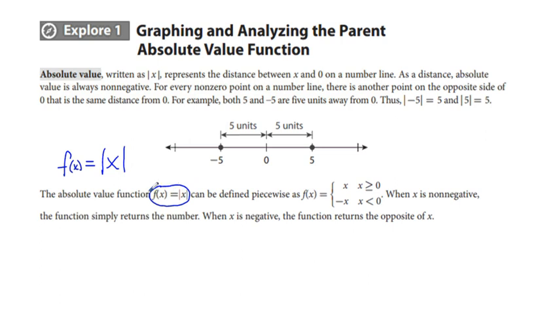And down here toward the bottom it says the function f of x equals absolute value of x can be defined piecewise. And piecewise is something you perhaps haven't heard of before. That's something I haven't seen brought up so early. A piecewise function is set up in this bracket where you have different pieces, different rules for different portions of the function.